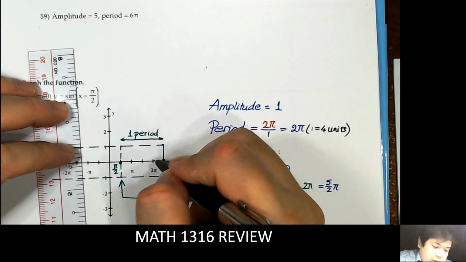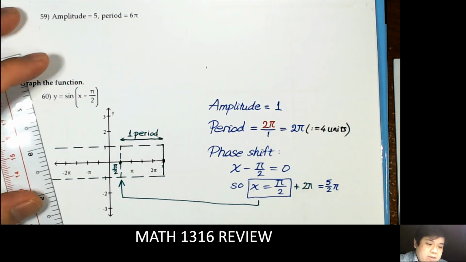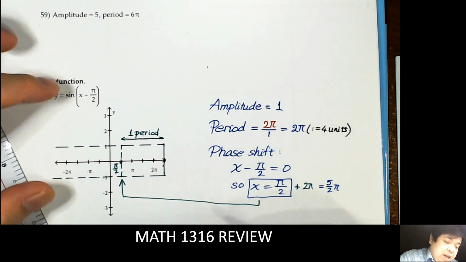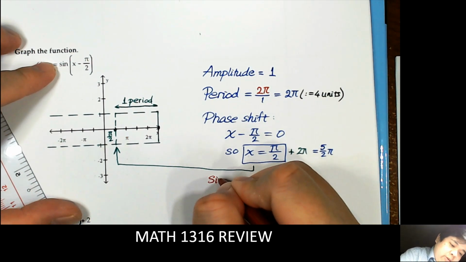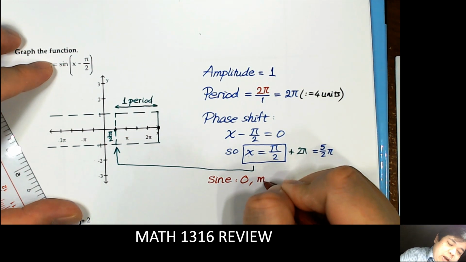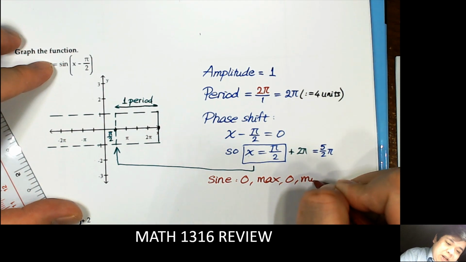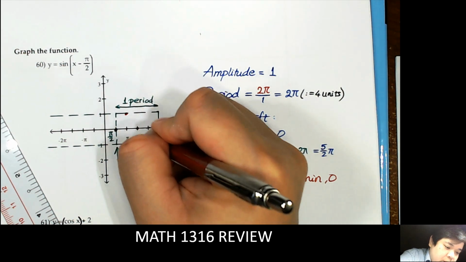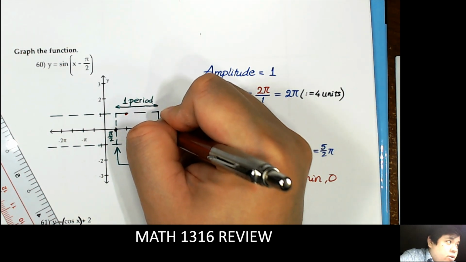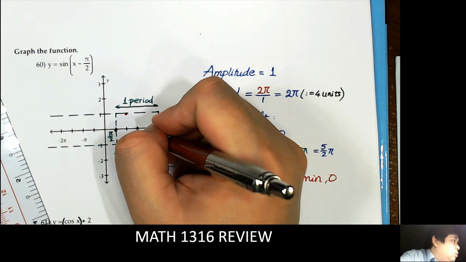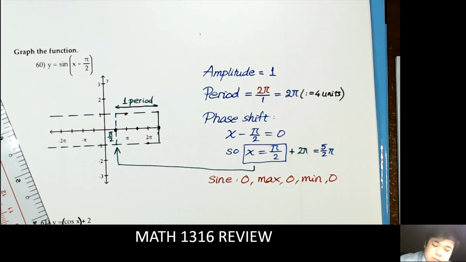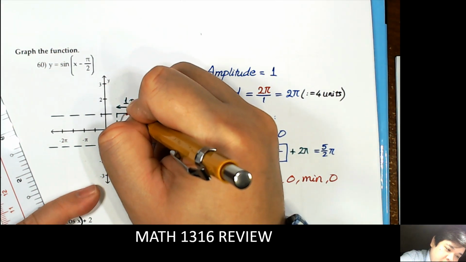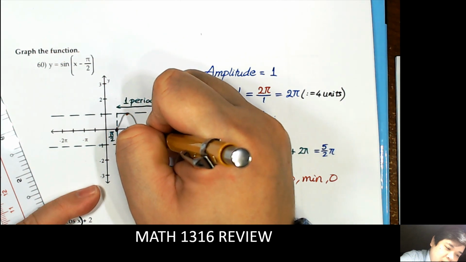Right. And then when we have a period, divide that into 4 equal segments. We have that, and the pattern for the sine function: 0, max, 0, min, back to 0. So that is the graph of the sine of x minus pi over 2.